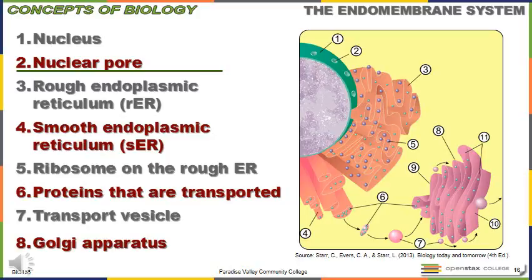Number 3, that is the endoplasmic reticulum, and so is number 4 down in the lower left. One is called rough, so number 3 is called rough, and that is because it has these structures numbered 5 called ribosomes, and they are on the rough endoplasmic reticulum.